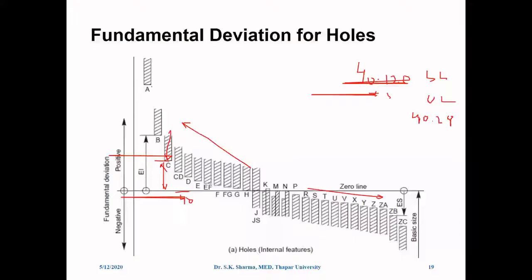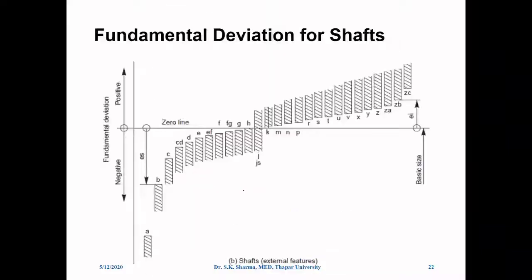For holes, A to H we come this way, and then we go in this direction. So here A is at the top, ZC is at the bottom, and H is 0. If we go for the shafts, you can see A starts from here and goes in this direction. It is just opposite, right? And again, at H, the fundamental deviation is 0.